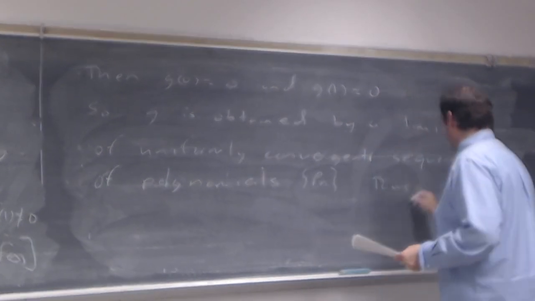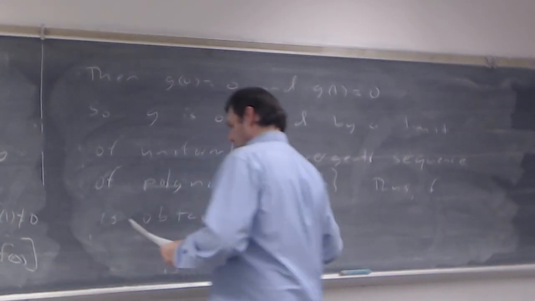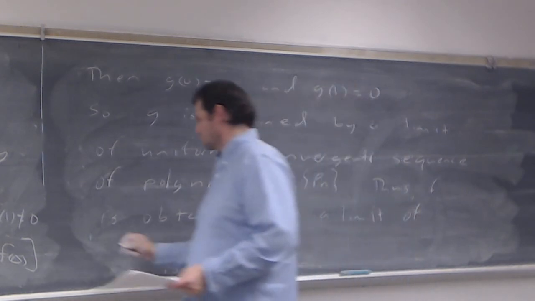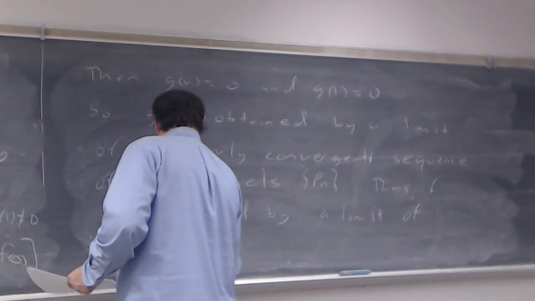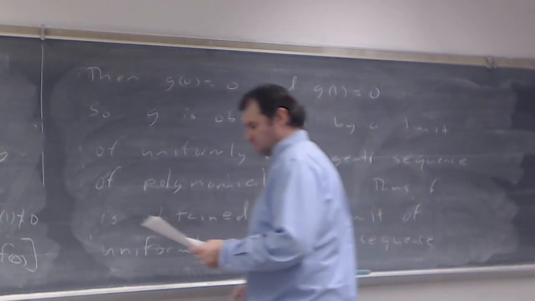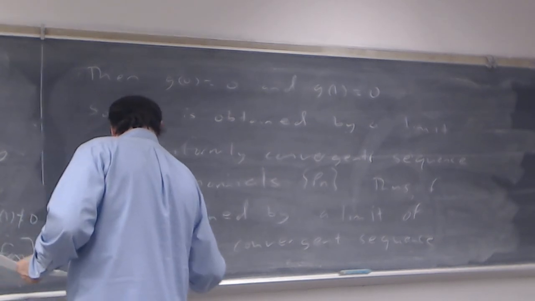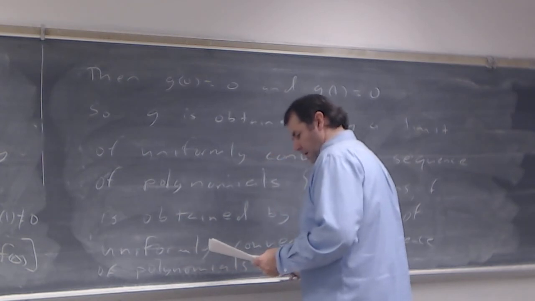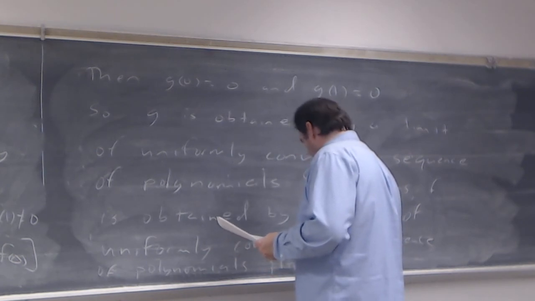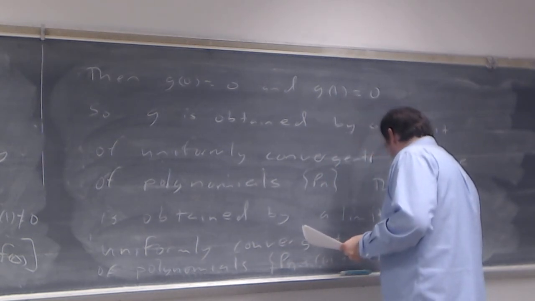Thus, f is obtained by a limit of a uniformly convergent sequence of polynomials, we call them P sub n plus f of 0 plus x times (f of 1 minus f of 0).